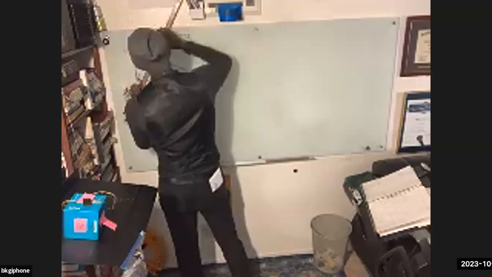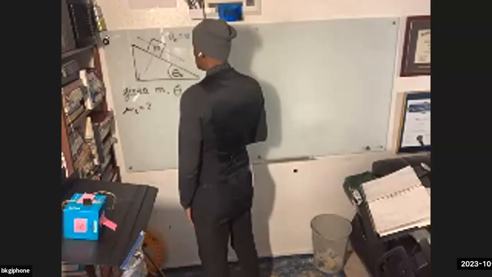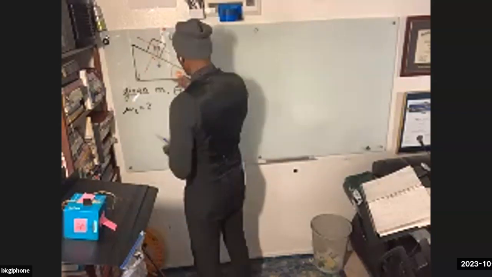So X, Y, and so we're going to have gravity straight down, that critical angle, theta C. I draw with the colors. And so that's going to be mg.